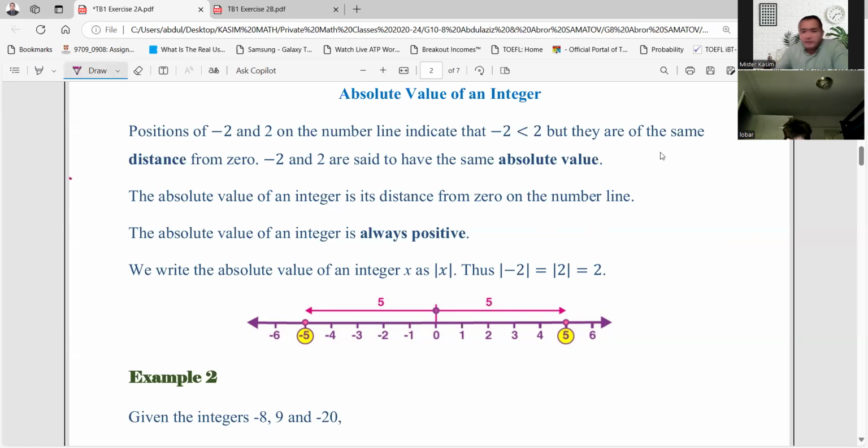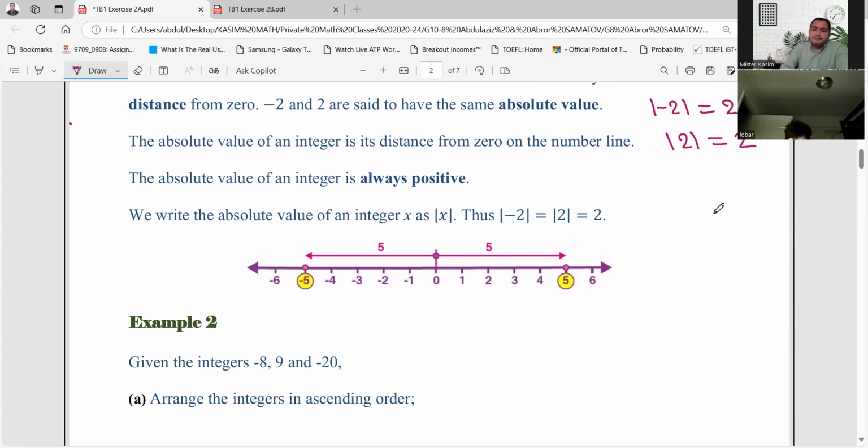If you remember, Abror, here we know the absolute value of negative 2 is equal to 2. The absolute value of 2 is equal to 2. Why? Because they are equidistant from 0, right? The absolute value of an integer is its distance from 0 on the number line.